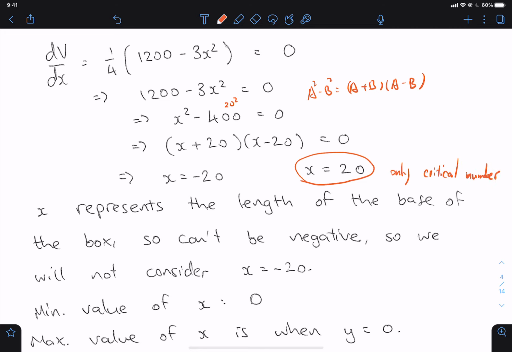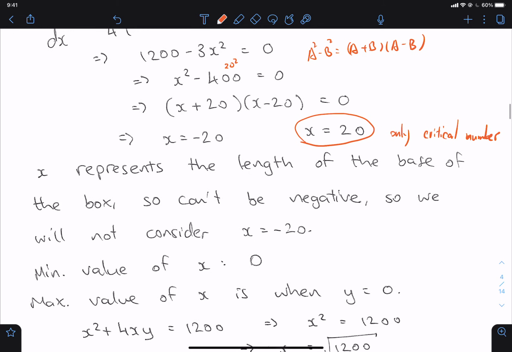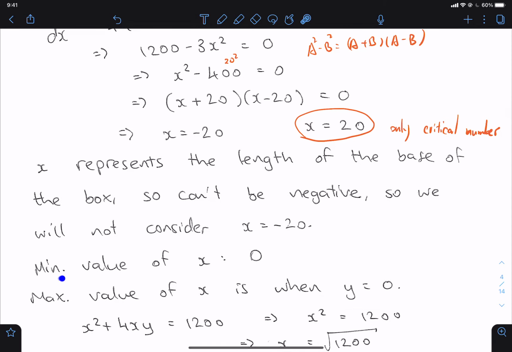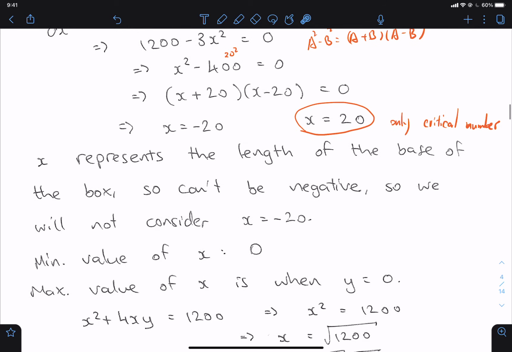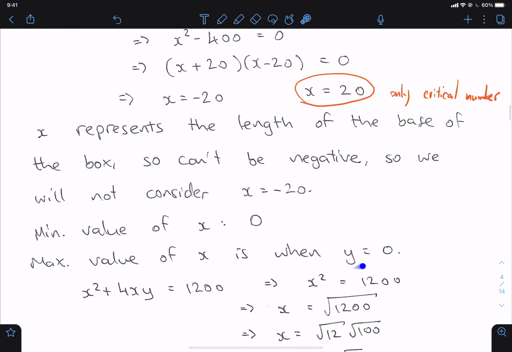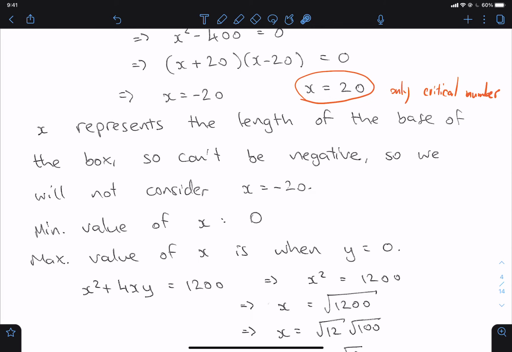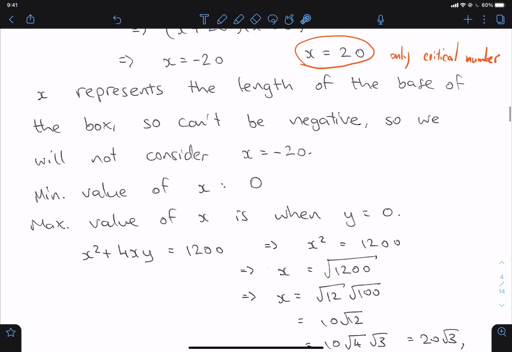Now we're going to look at the range of x, that is the domain of this function. Of course, the minimum value of x can be 0, as small as 0. And the max value of x is when y equals 0, so you let y equal 0 and solve for x.